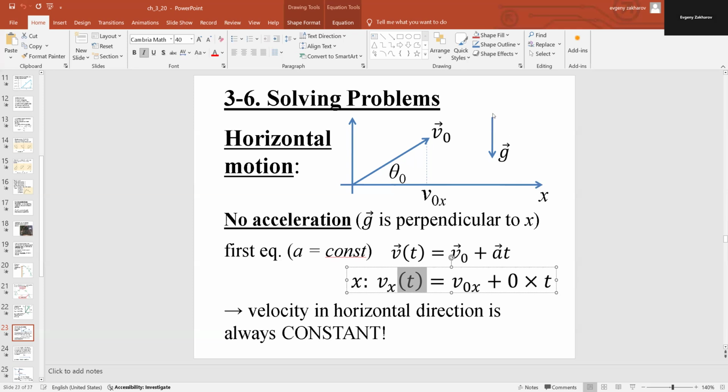Okay, once again, every time your vector is perpendicular, means 90 degrees, with respect to a certain axis, the reference frame, if you will, reference axis, its component on that axis is equal to 0. This is exactly the case right here. See how my acceleration, which is g, is perpendicular to x-axis. And if it is the case, then your acceleration on that axis is 0. Why is it 0?